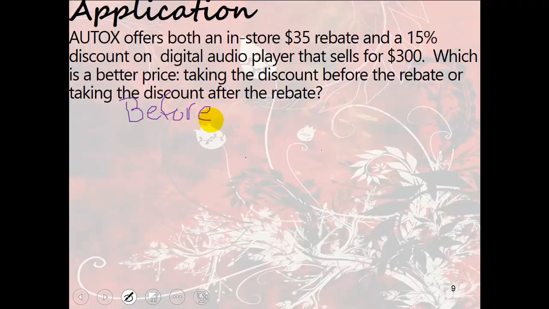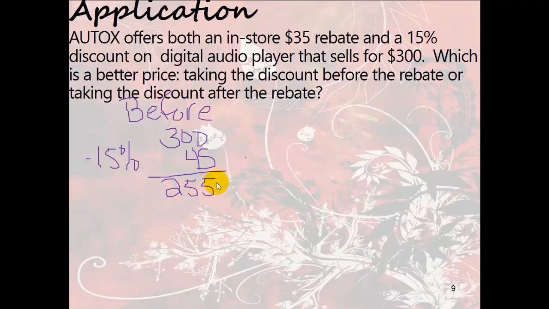We start with $300, correct? Then we're taking the discount first, so then we're going to deduct off 15%, which is $45, which leaves us with $255. Then we're going to apply our rebate, which is $35, and that says that you're going to pay $220.